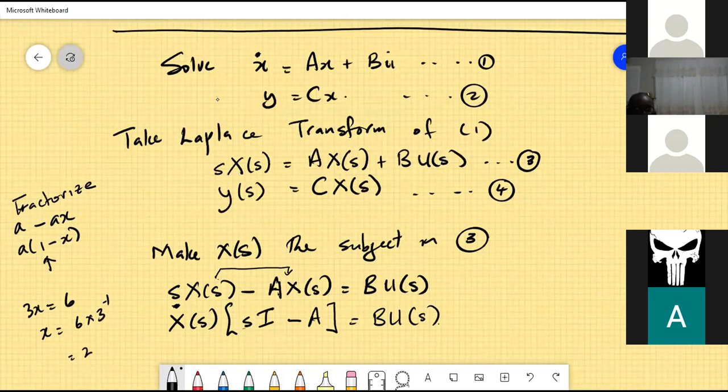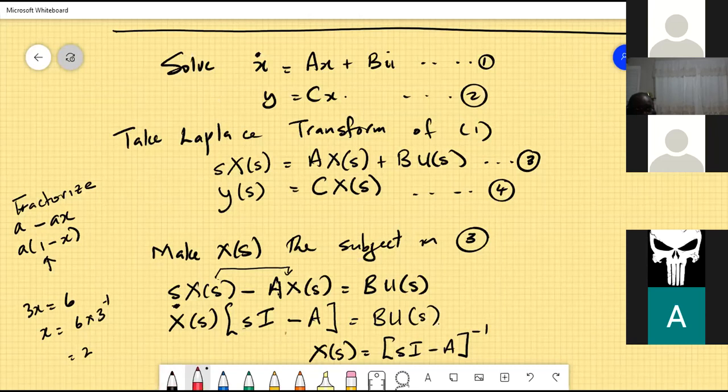So this X that I'm going to write here is going to be equal to sI minus A, which is a matrix. So we don't divide by the matrix to get rid of it. We take the inverse. We carry it over to the right-hand side from the left-hand side. So if we carry sI minus A over here, then it becomes inverse.